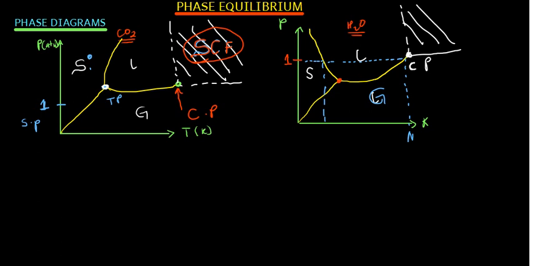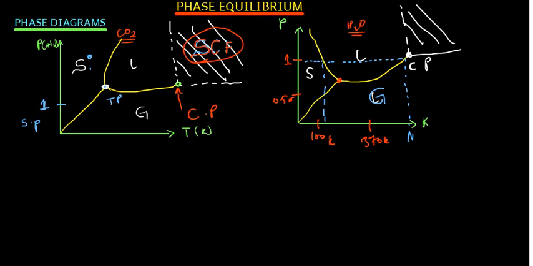Let's say the pressure here is 0.5 atmosphere, and the temperature here is 100 Kelvin, and at this point the temperature is, let's say, 370 Kelvin.